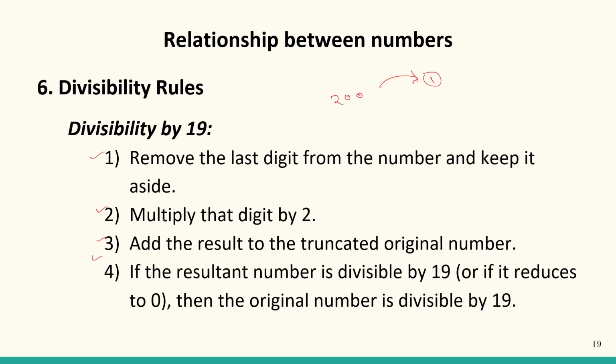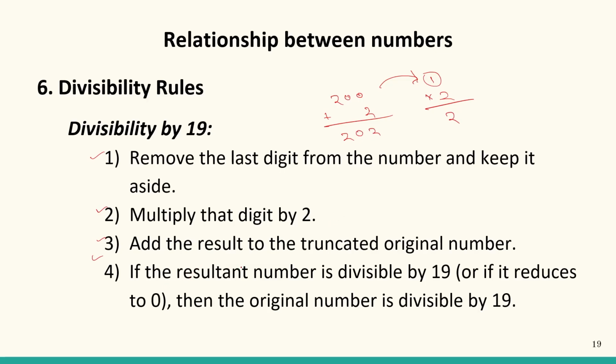Then we multiply that digit by 2: 1 into 2, so we are left with 2. Then add the result to the truncated original number. We added 2 to it, so 202 is what we are left with.